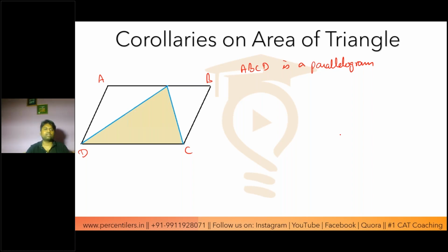Right now, ABCD is a parallelogram, and P is a random point taken on the upper side AB. Point P is randomly chosen on the side AB. It has nothing special about it.